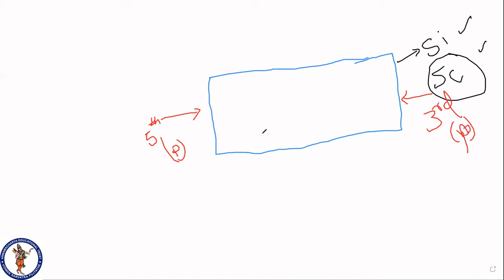In a fifth group element, we have one more electron.